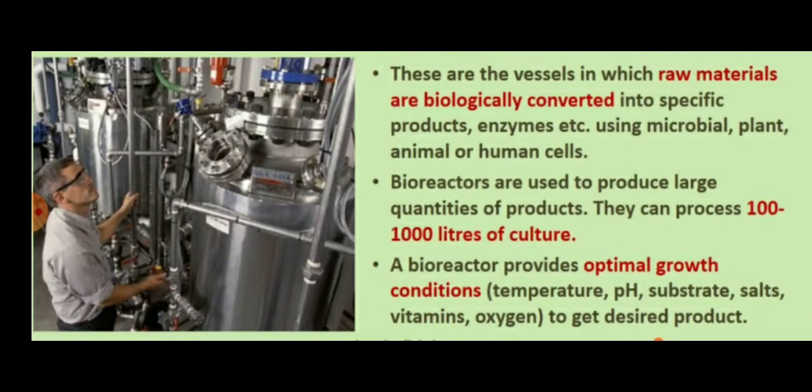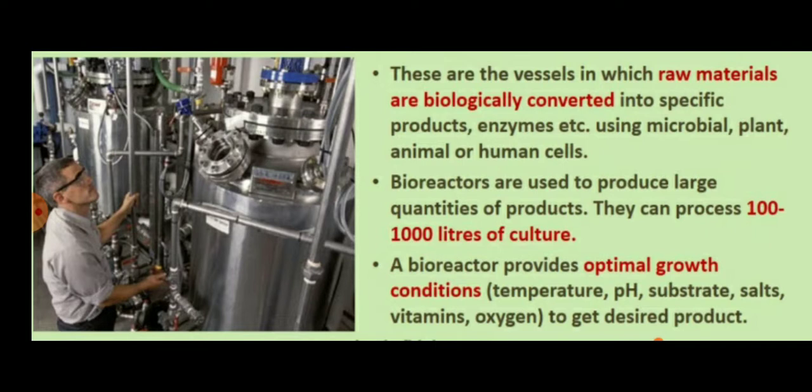So children, these are the bioreactors. These are vessels in which raw materials are biologically converted into specific products, enzymes, using microbial, plant, animal, or human cells. The bioreactors are used to produce large quantities of the product, and they can process 100 to 1000 liters of culture at one time.